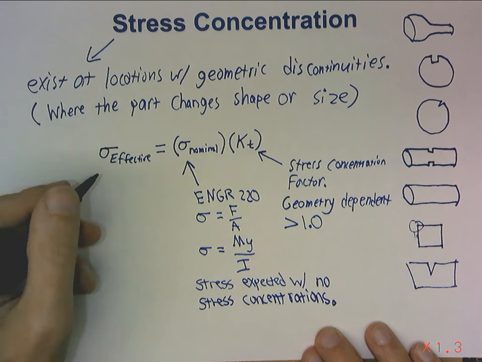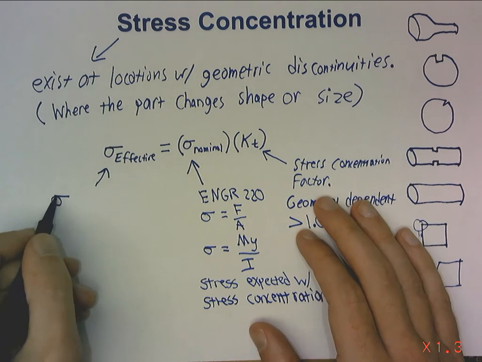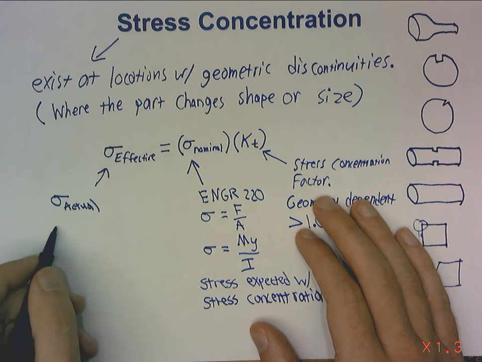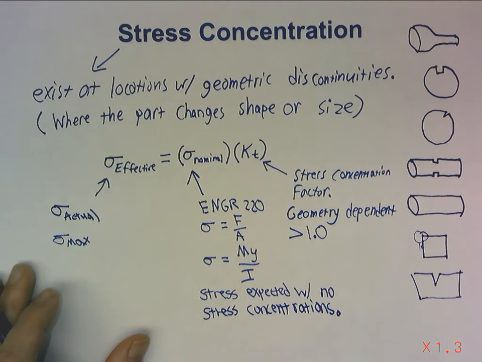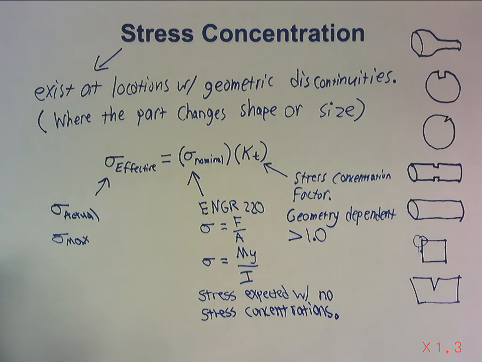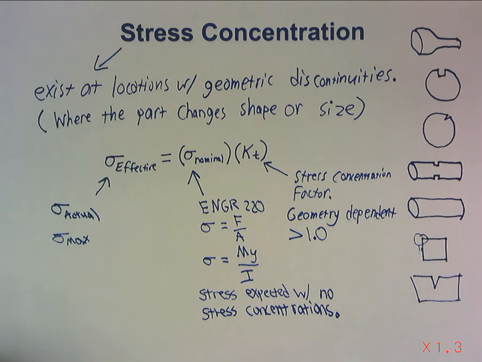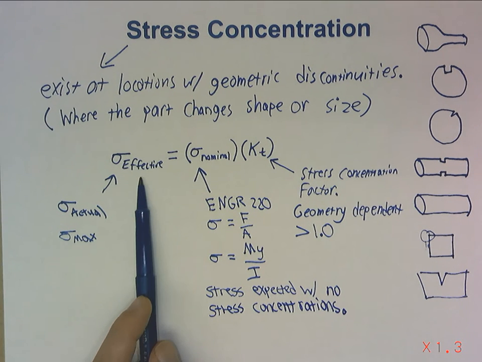stress concentrations. Your effective stress sometimes is also called stress actual or stress max. I try to say effective stress, but I switch around, because at our geometric discontinuity, we're going to see a maximum stress, an actual stress that the part sees, or an effective stress.